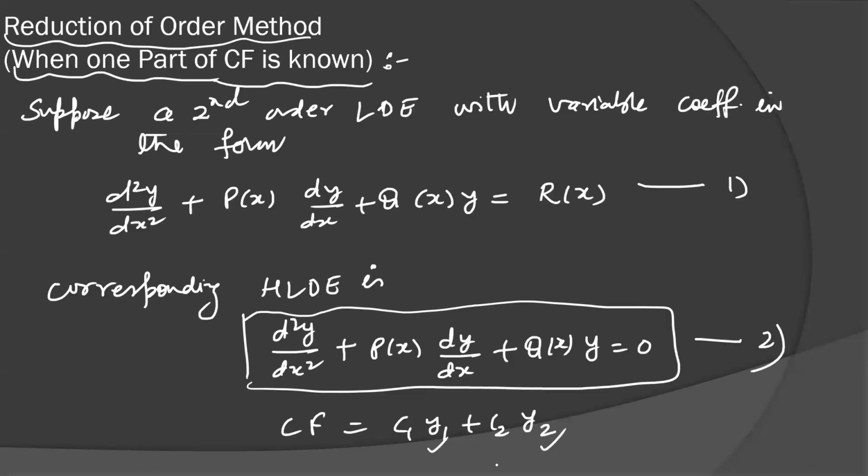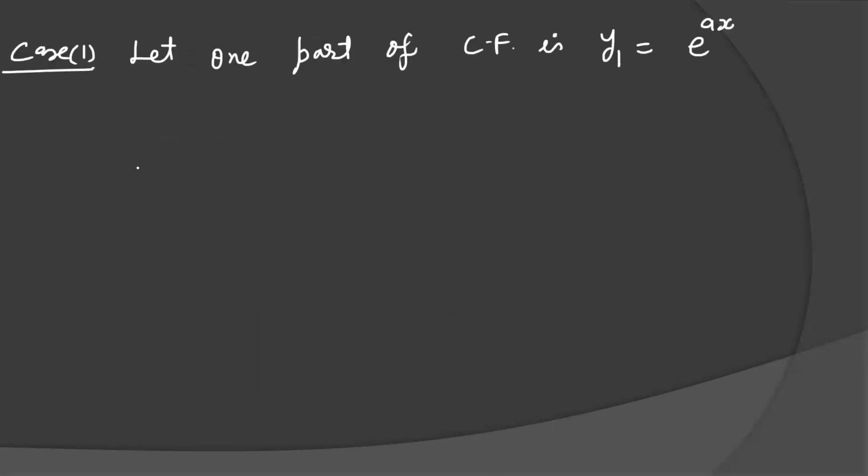If y1 and y2 both are solutions of equation 2, so it will satisfy equation 2. It means y1 equal to e to the power ax will satisfy equation 2.